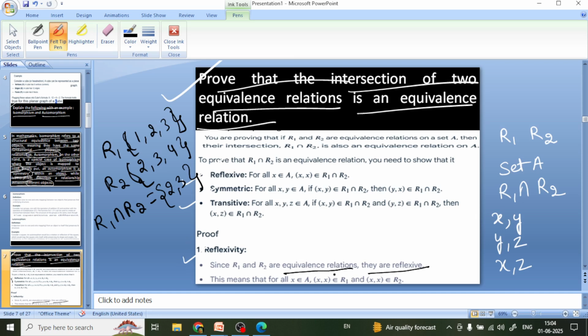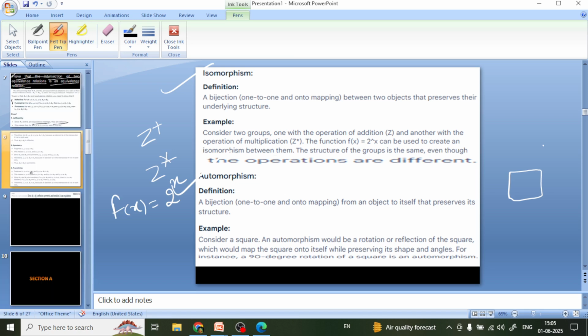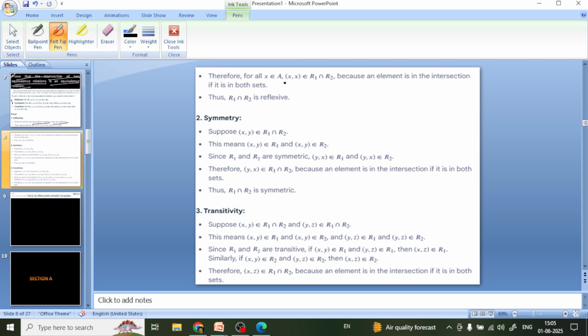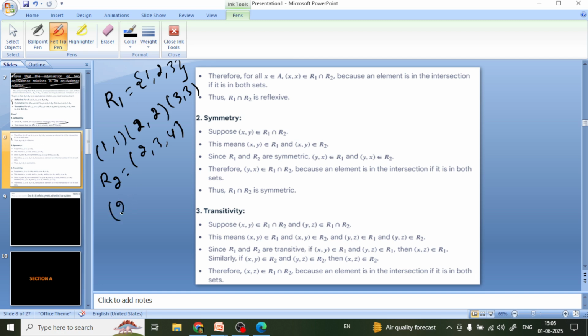For all x belonging to A, (x, x) belongs to R1, and (x, x) belongs to R2, so they are all reflexive. Here, R1 is the relation on 1, 2, 3, and its set is (1,1), (2,2), (3,3), and R2 is on 2, 3, 4, and its set is (2,2), (3,3), (4,4). The intersection is (2,2), (3,3).